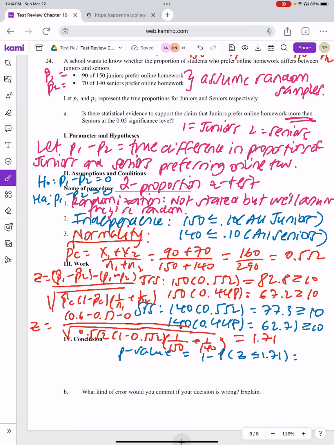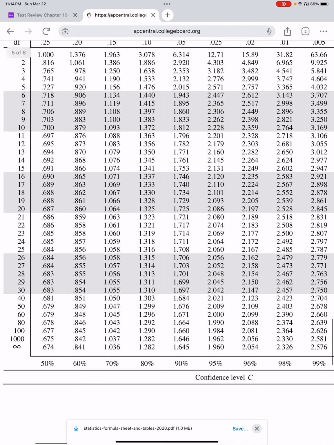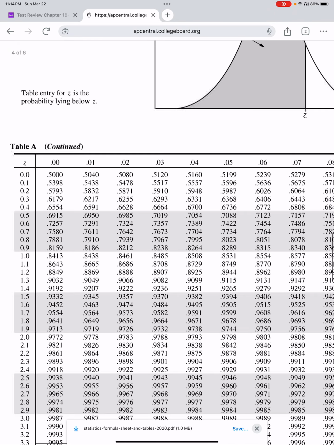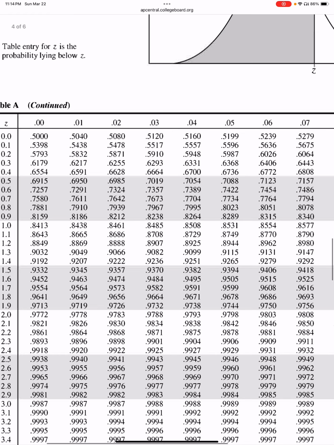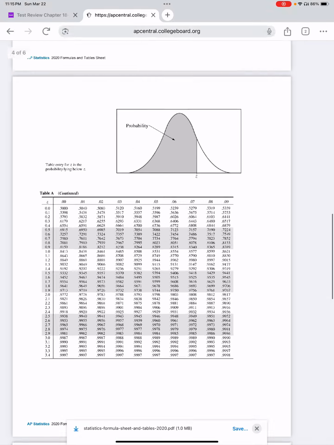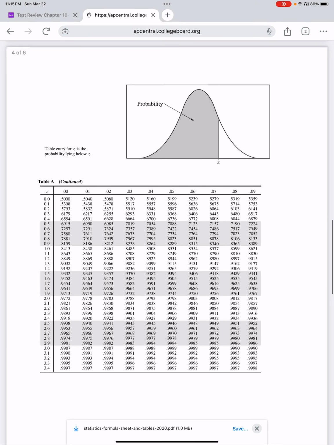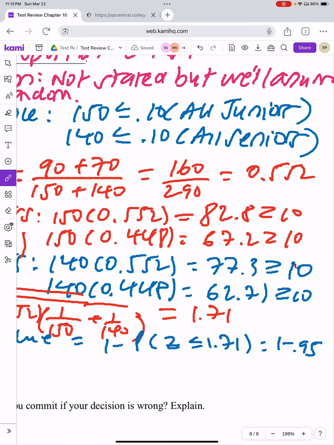So we need to figure out where 1.71 is. 1.71 on table A is 0.9564. 1 minus 0.9564.